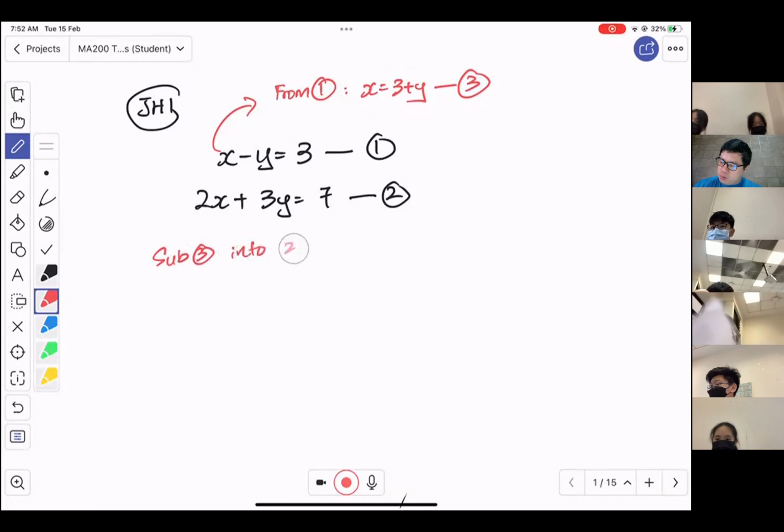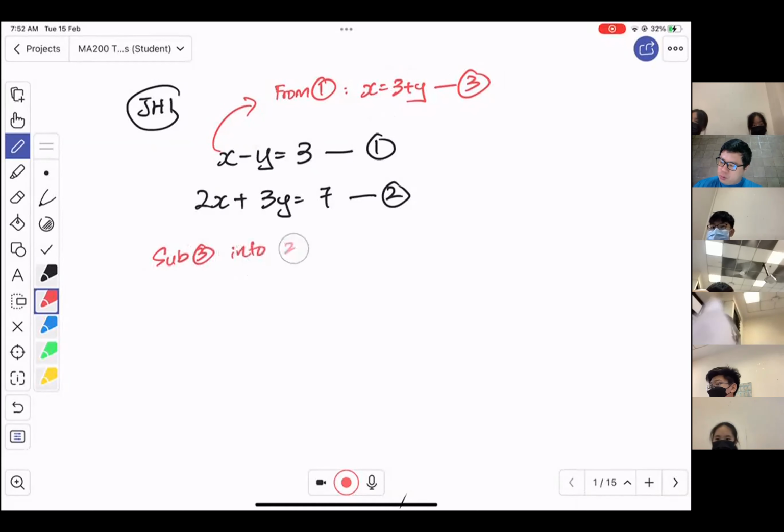If I sub 3 into 2, you notice that this entire expression here, x equals 3 plus y, will take over this portion. So this x will be replaced by this. So I have 2 times (3 plus y) plus 3y equals 7. From here, we can solve for y.